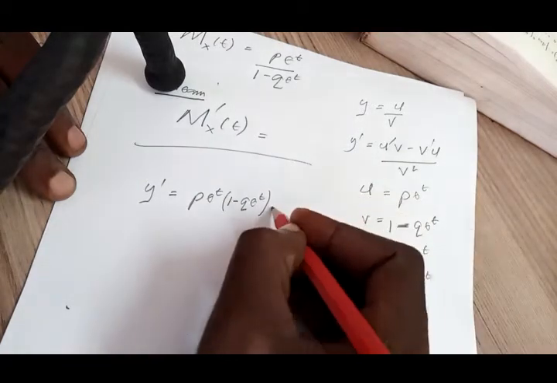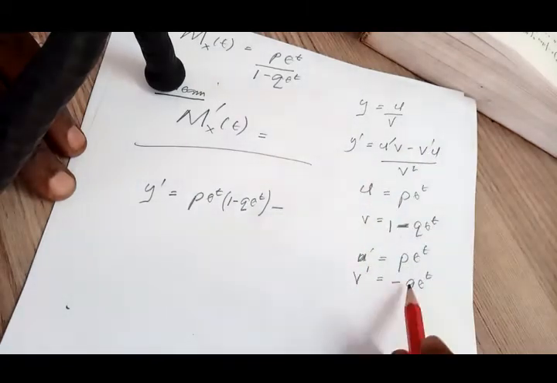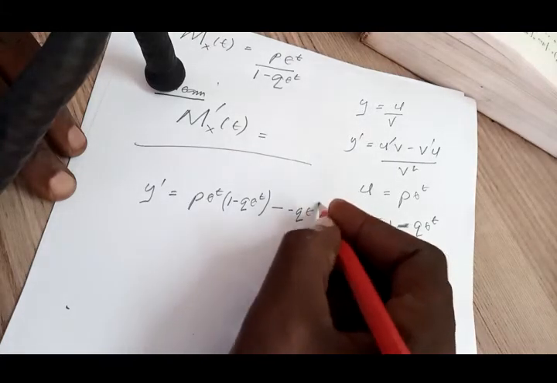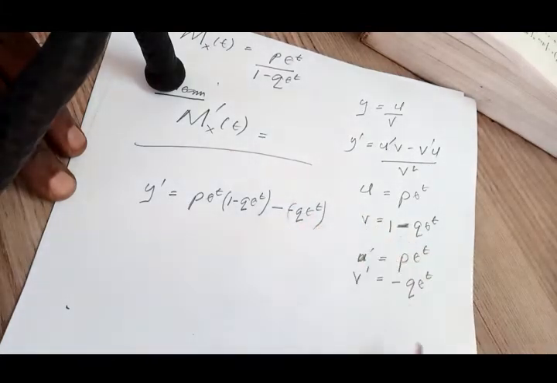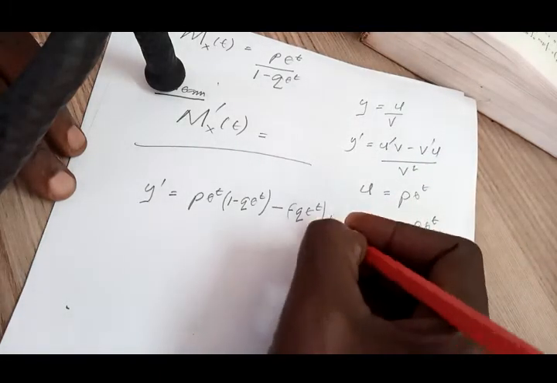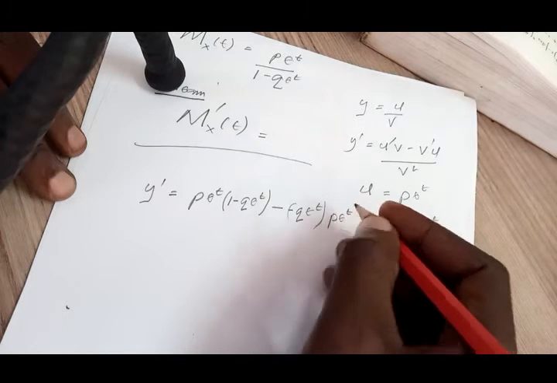Then of course minus v prime. My v prime is negative q e^t, and this is multiplied by u, which is p e^t.